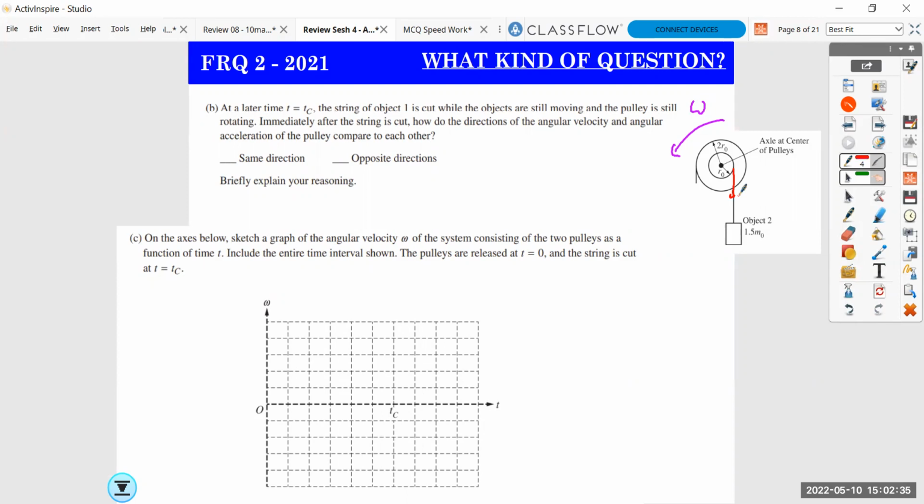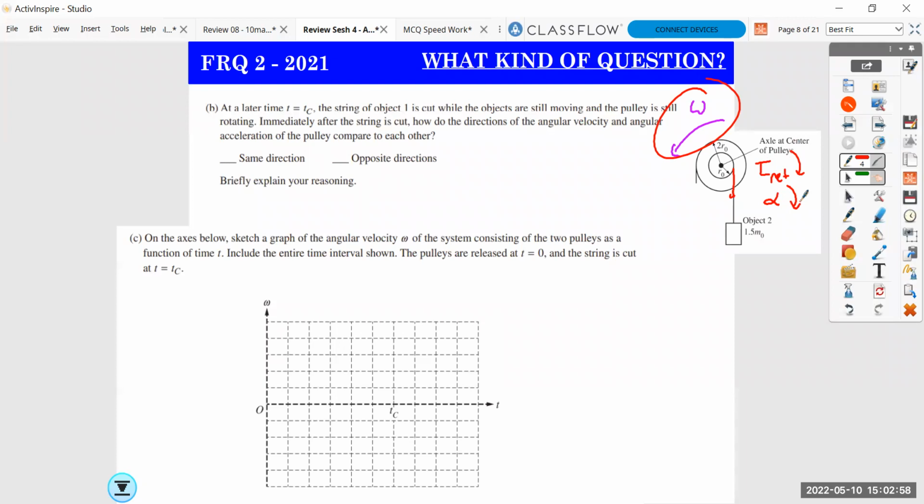So at the moment you cut the string, the pulley is still rotating in the counterclockwise direction, but now the net torque is in the clockwise direction. And remember, net torque equals I alpha. If our net torque is in the clockwise direction, our acceleration's in the clockwise direction also.